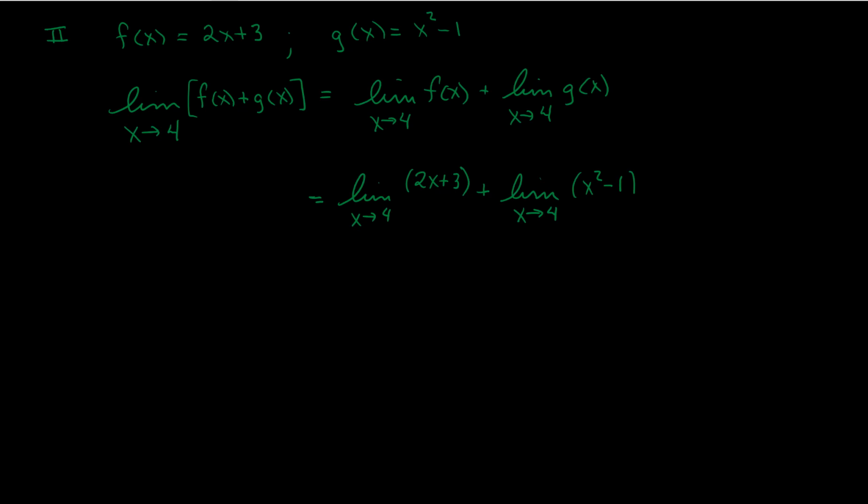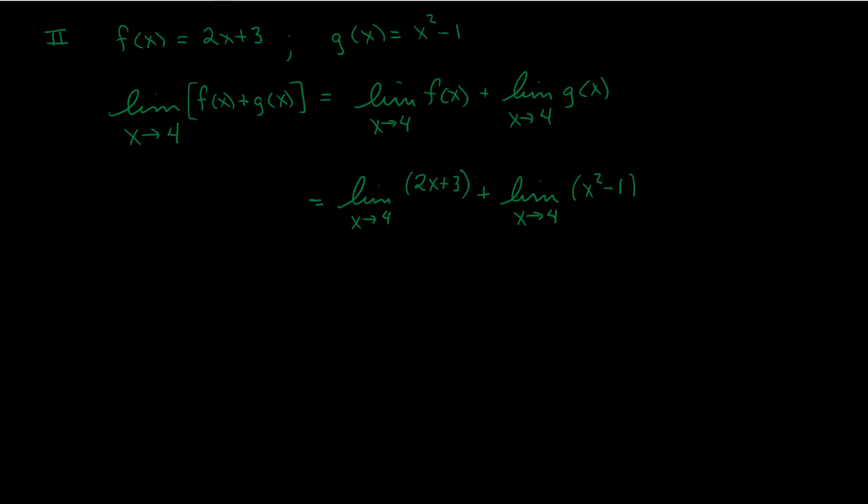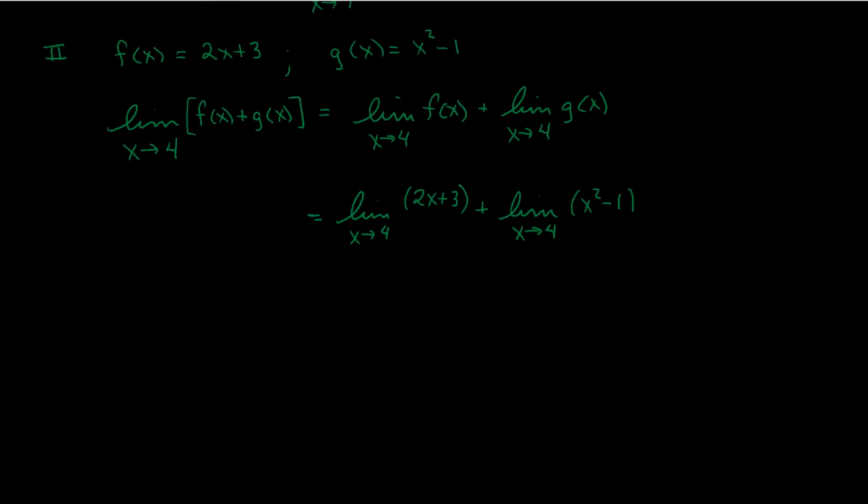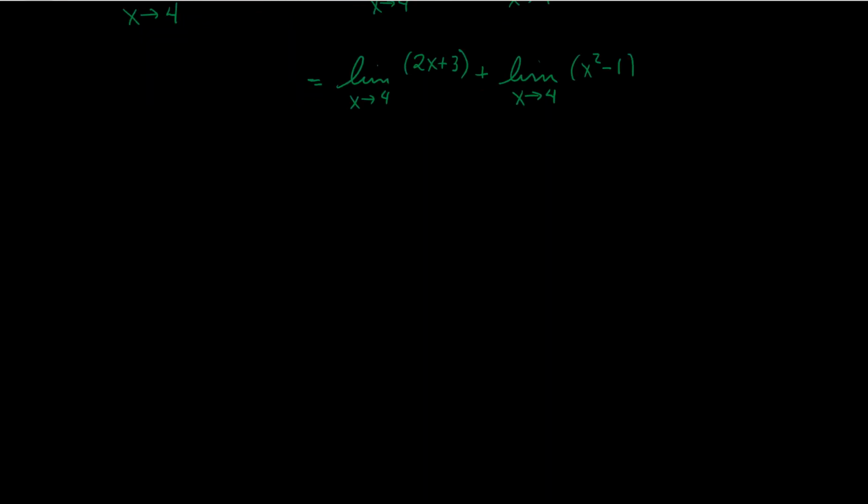As we talked about at the start of this video, if you have a continuous function, the first of these functions is a line, continuous. The second is a parabola, also continuous. To evaluate the limit, all you need to do is to substitute in the value 4 for your limit.